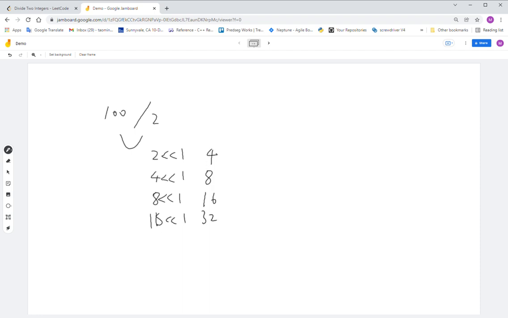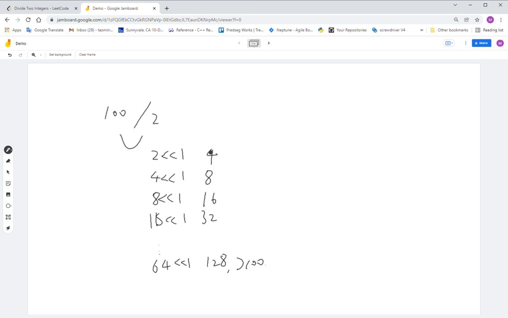So 16 move 1, 32, and continue do it. 64, that is 128. That one is more than 100, right? So we only can move until 64. So how many from 2 to 64?